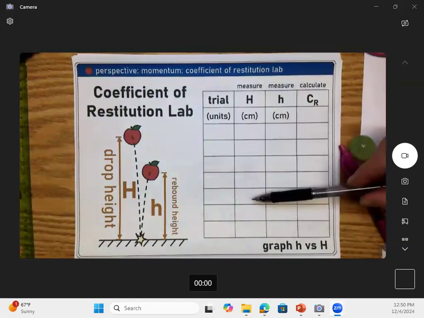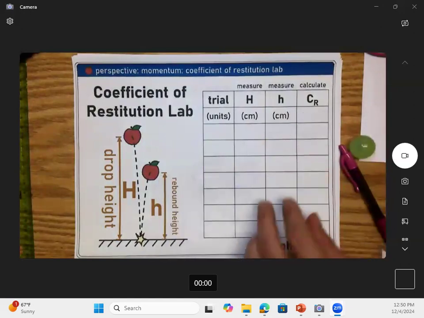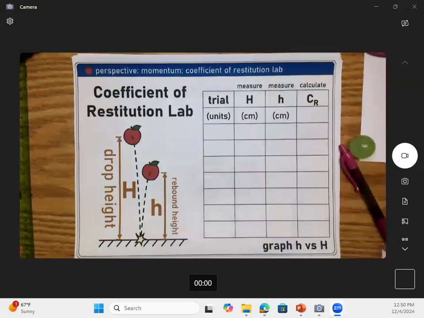So try different drop heights and measure with the meter stick how high it rebounds to for each of those drop heights, and then calculate coefficient of restitution. And one more thing, I want you guys to graph rebound height versus drop height. When you guys have both the table and the graph, then I will check that off and give you guys lab points, okay? And in the grade book.